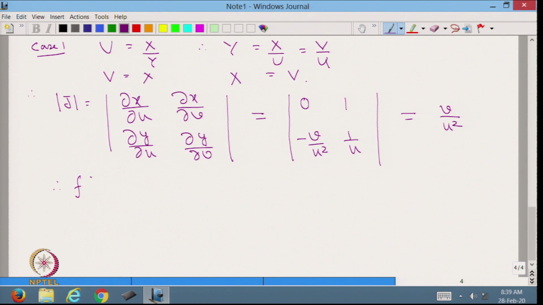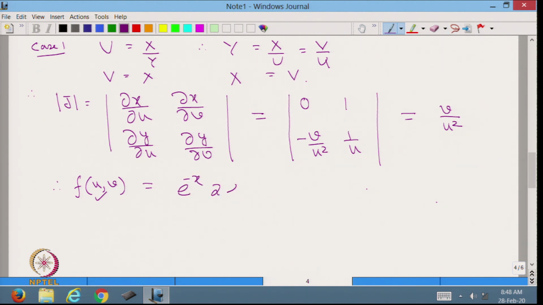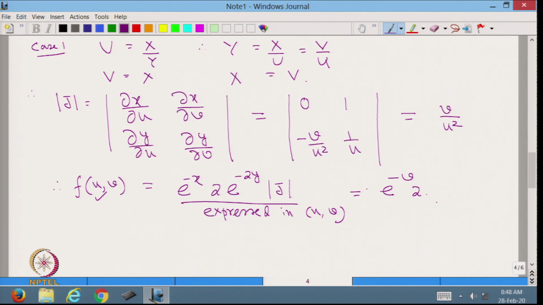Therefore, the joint PDF f of u v is equal to e to the power minus x into e to the power minus 2 y into the determinant of J, which expressed in u comma v is equal to e to the power minus v into e to the power minus 2 v by u into v upon u square.